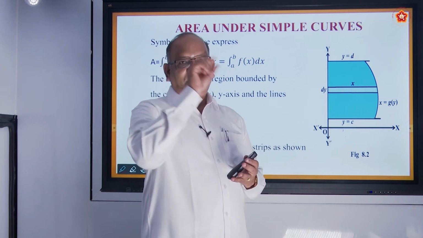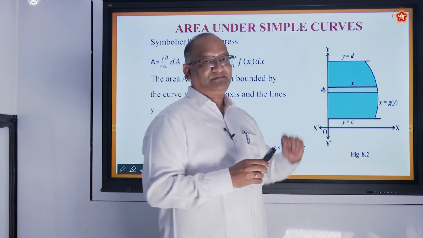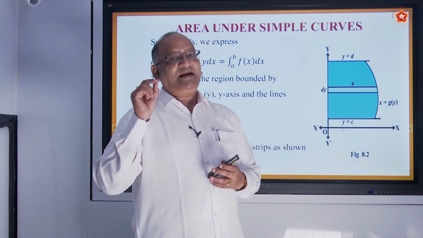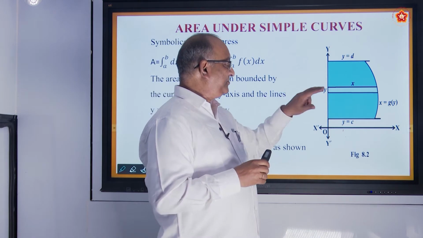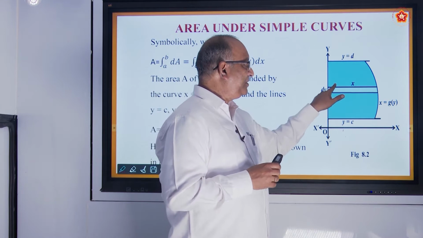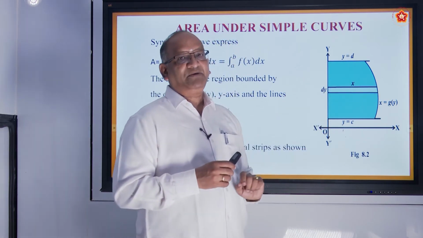So, the strip which we were taking as vertical, with y, now we are taking it as x, and the width which we were considering as dx, now we are taking it as dy. So, what will be the area of this thin strip? The length is x, the width is dy, so it will become x into dy.